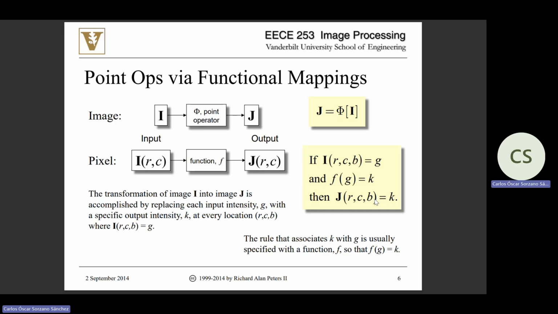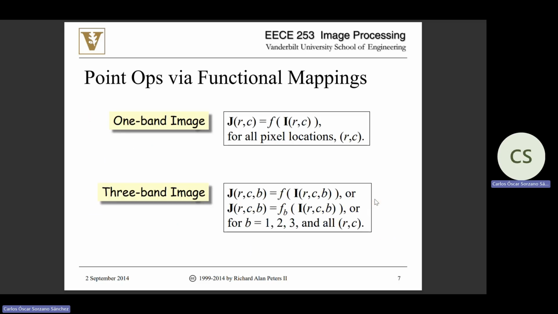The output image will simply be the input image going through the function, and that function can be linear, non-linear, whatever. What is important is that the function only depends on the current pixel. So this pixel will transform into this one in the same location. The location stays the same.